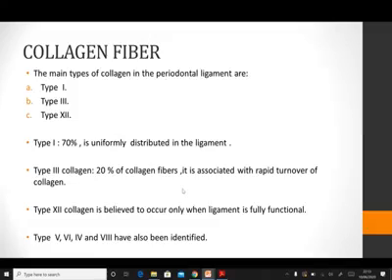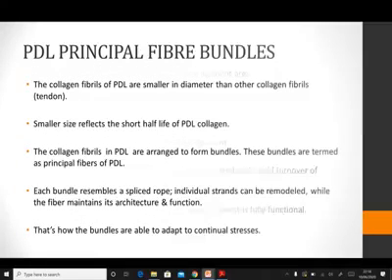However, type 12 is believed to occur only when the periodontal ligament is fully functional. The other types of collagen found within the periodontal ligament which are present in traces are type 5, 6, 4 and 8. So the major types are type 1, which is 70%, type 3, which is 20%, which gives the periodontal ligament a rapid turnover, and type 12, which is present in the fully functional ligament.